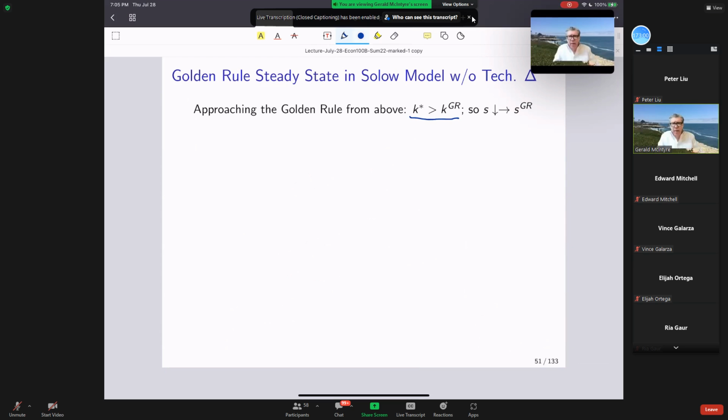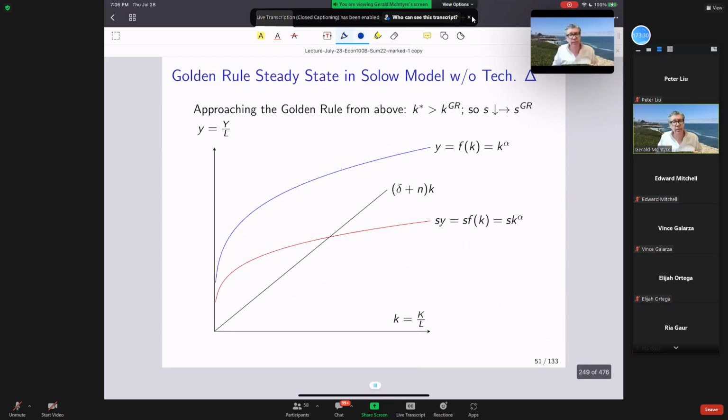I've mentioned a country already with a very high savings rate, China. The savings rate in China is in the neighborhood of 50 to 55%. That's a tremendously high savings rate, probably too high to support maximum consumption. The capital share in China is probably around 35 to 40%. Well, that's too high. So I'm talking about China in this example.